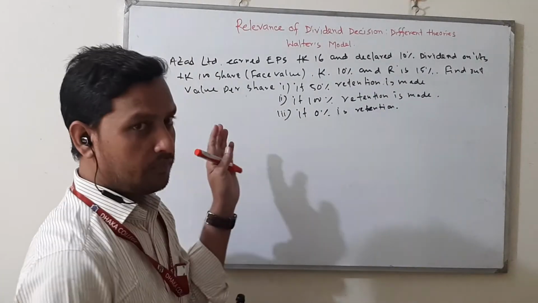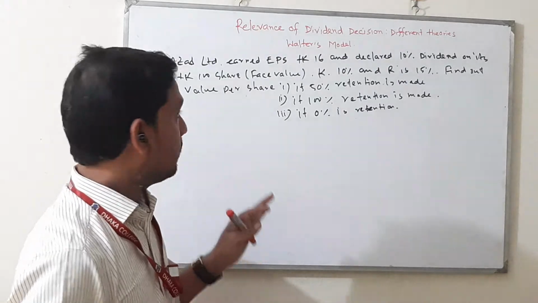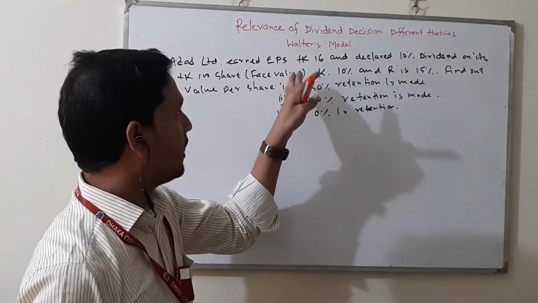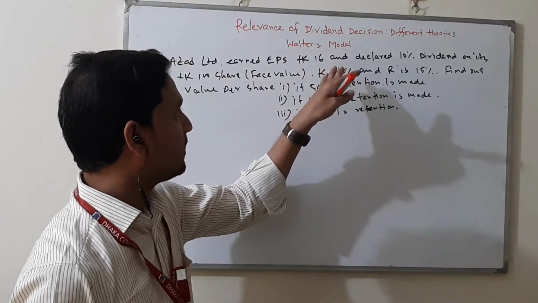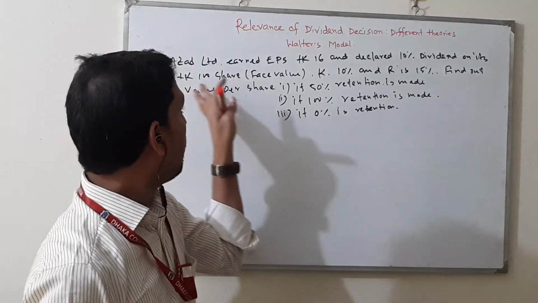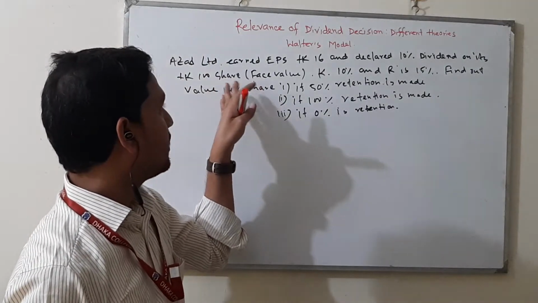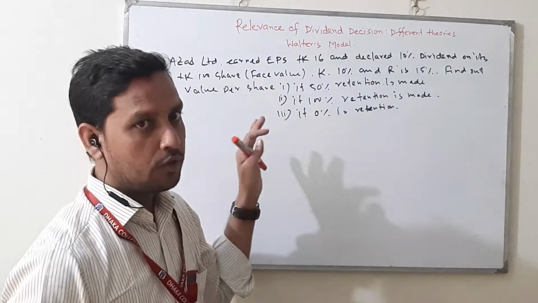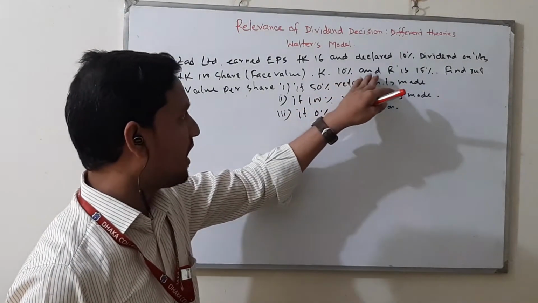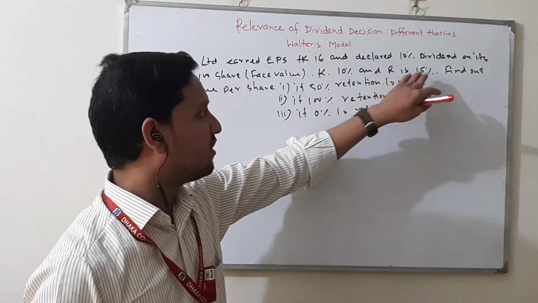So in this question, the last one, Azad Limited earning per share EPS, I mean E is 16 taka and declared 10% dividend on its 100 taka per share face value. Then cost of capital is 10% and internal rate of return is 15%.